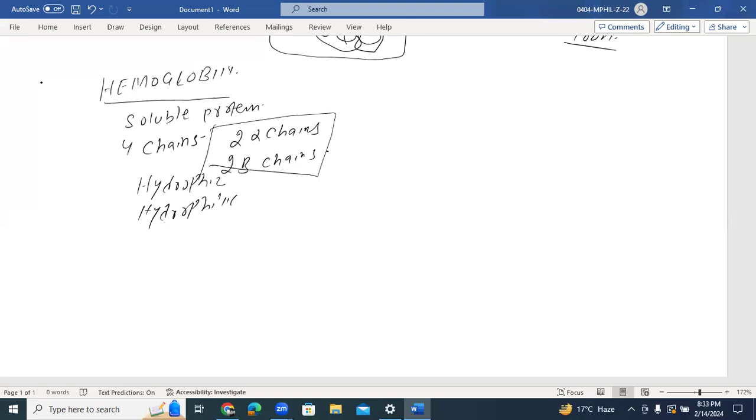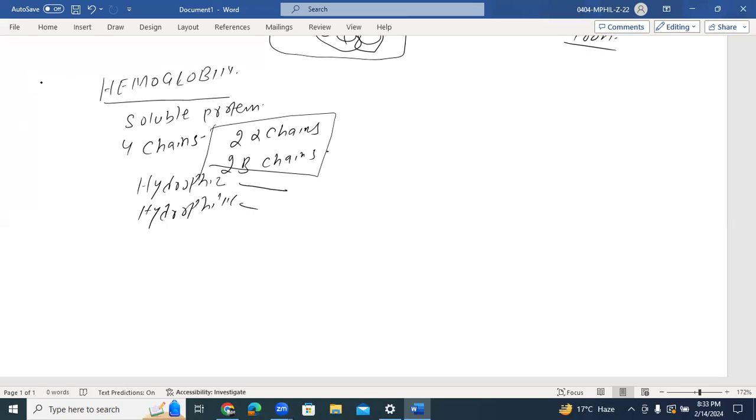It means the central part of the hemoglobin is hydrophobic, enclosed in the center so as not to be exposed to water. In case of hydrophilic, the outer structure of this hemoglobin that I have shown you above, that structure which is outside, is hydrophilic.